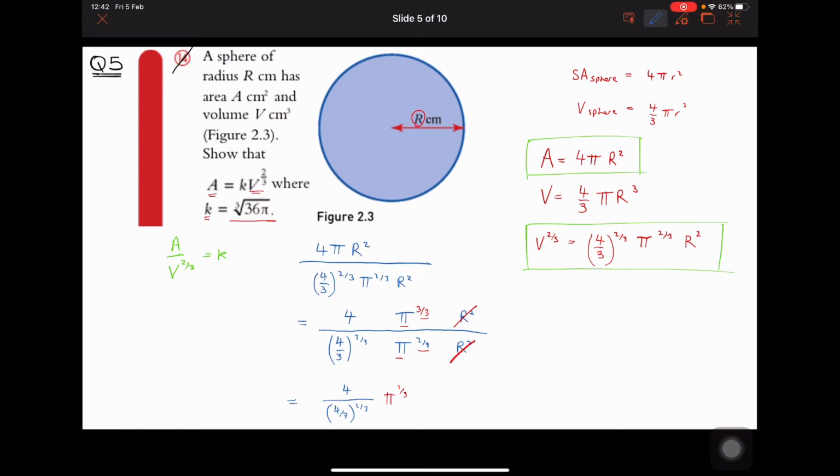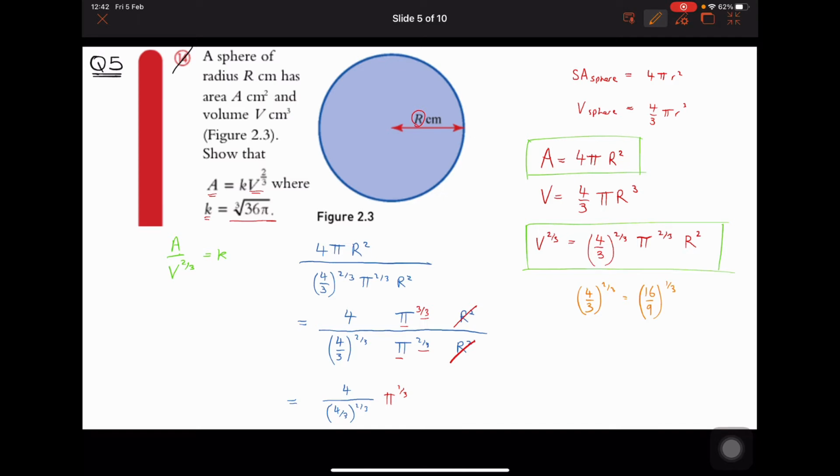Okay, let's see, how are we going to go about simplifying this? Let me use a different color pen. I'm going to write 4 over 3 to the 2 over 3 equals, okay, 4 squared is 16, 3 squared is 9, to the power of 1 over 3.